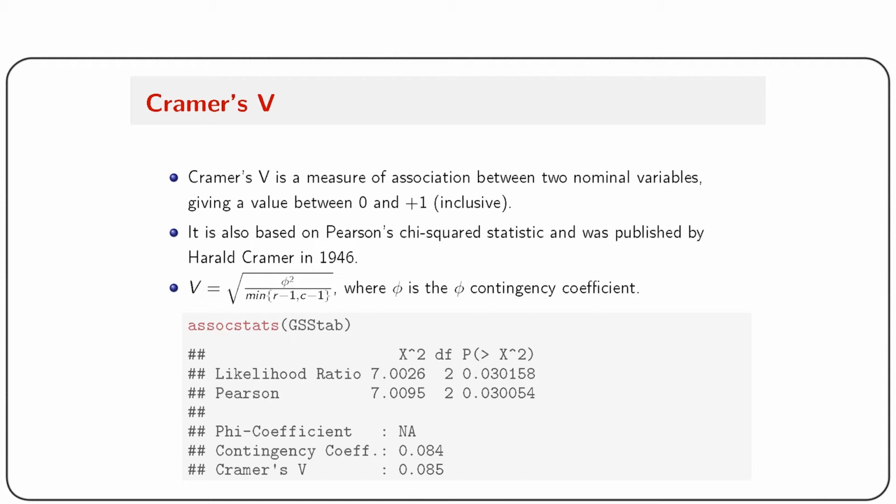The phi coefficient is not available because the GSS table is not a 2 by 2 contingency table, but it can calculate the contingency coefficient, which is a more general measure than the phi coefficient. Cramér's V shows 0.085 and 0.084, which are very weak associations. It's not a strong association at all.